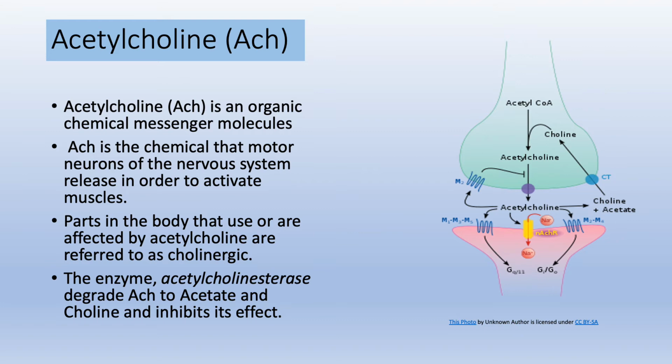It's a chemical that motor neurons of the nervous system release in order to activate the muscles. Parts in the body that use or are affected by acetylcholine are referred to as cholinergic. Many important drugs exert their effect by altering cholinergic transmission. Numerous venoms, toxins produced by plants, animals, and bacteria, as well as the chemical agent sarin, have an effect by inactivating or hyperactivating the muscles through their influence on the neuromuscular junction.